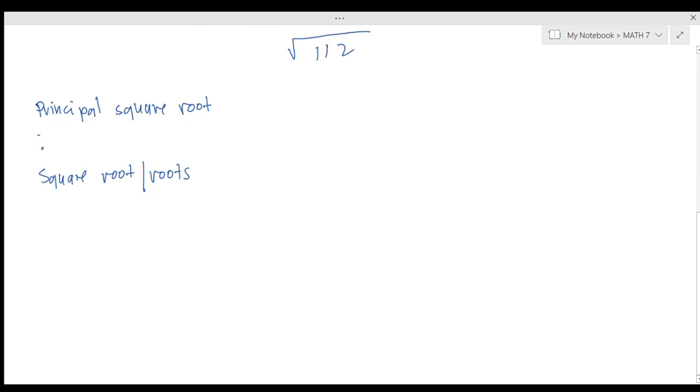Ano po? Okay, let's try finding the square root and principal square root of 112.